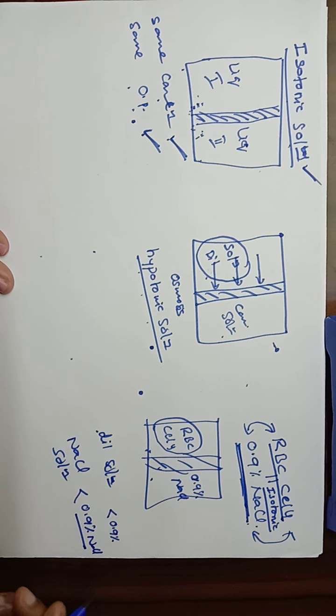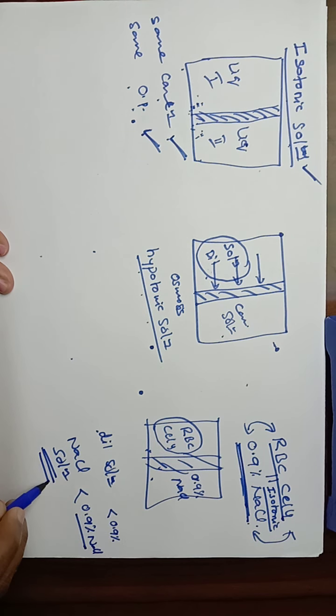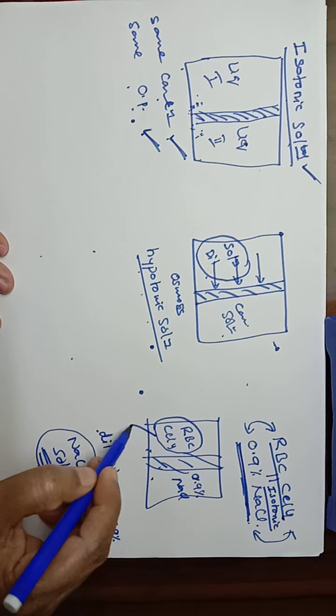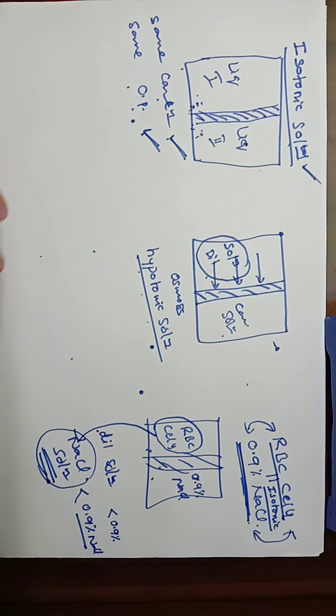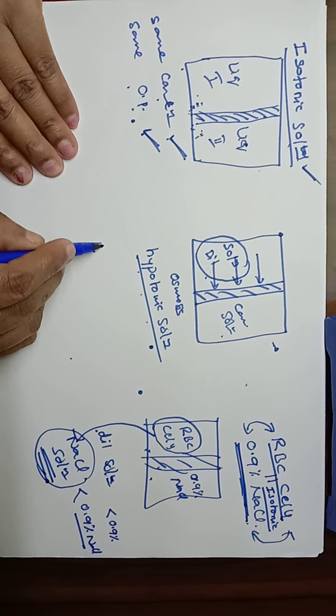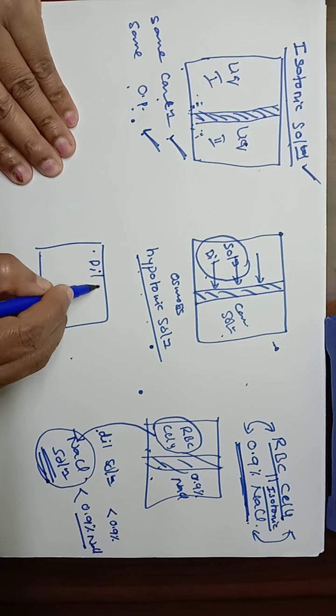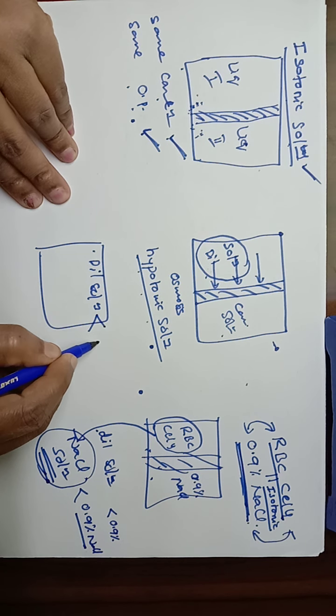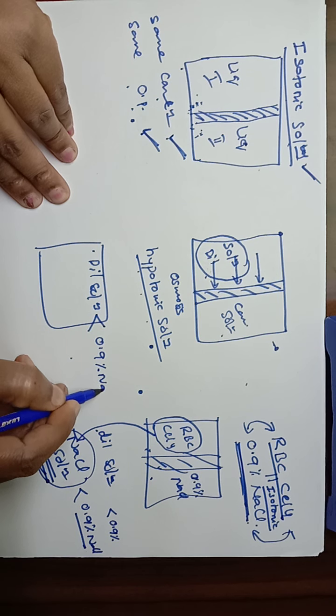Compared to the 0.9% solution, the concentration of this solution is very, very low. So I will add the RBC cells into this dilute solution.